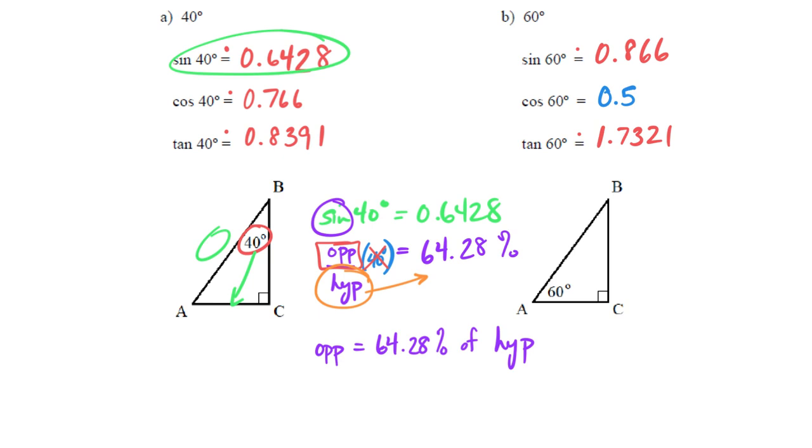Well, if I can interpret that value, not just blindly copy it, what that actually tells me is my opposite side is worth 64.28% of my hypotenuse. So if I just made really round numbers, if my hypotenuse was 100 units long, nice round number, then that tells me my opposite side has to be 64.28 units long.